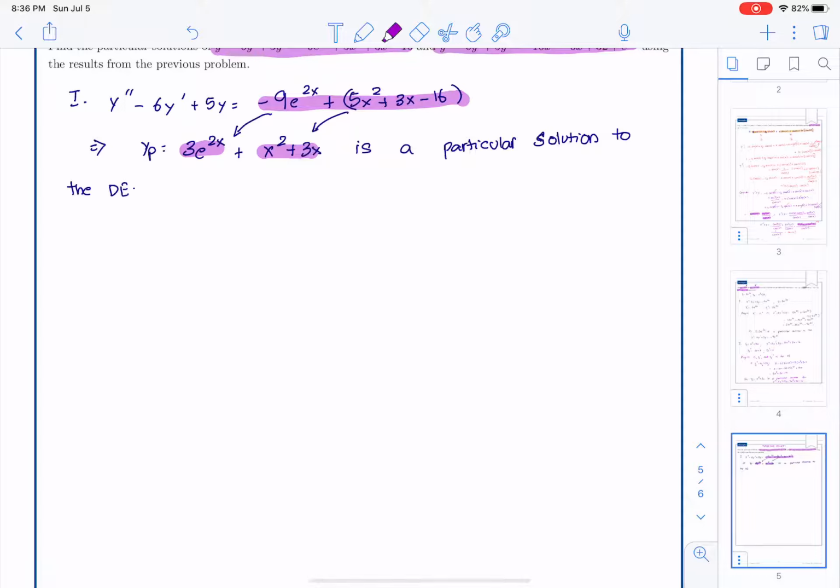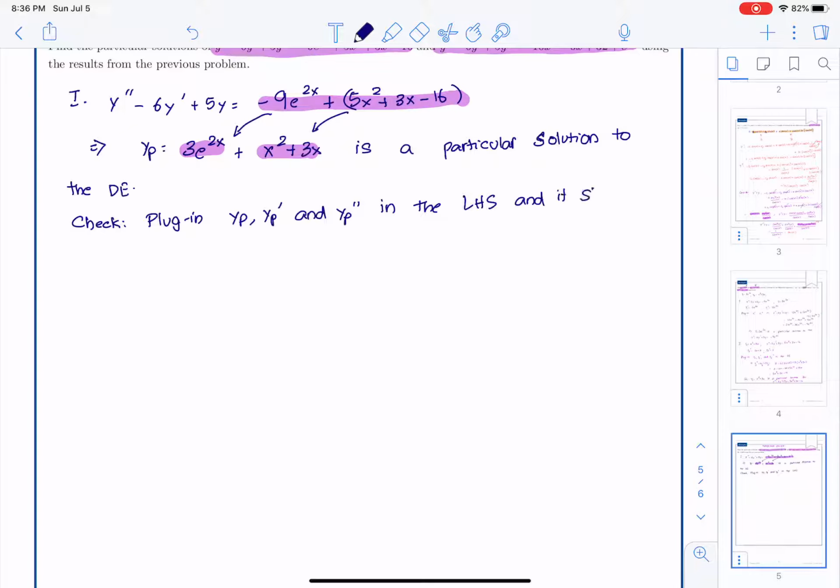So we need to plug in yp, yp prime, and yp double prime in the left-hand side, and it should satisfy the equation.